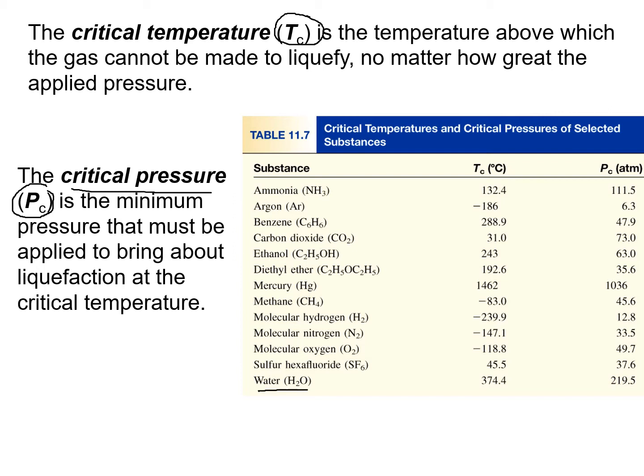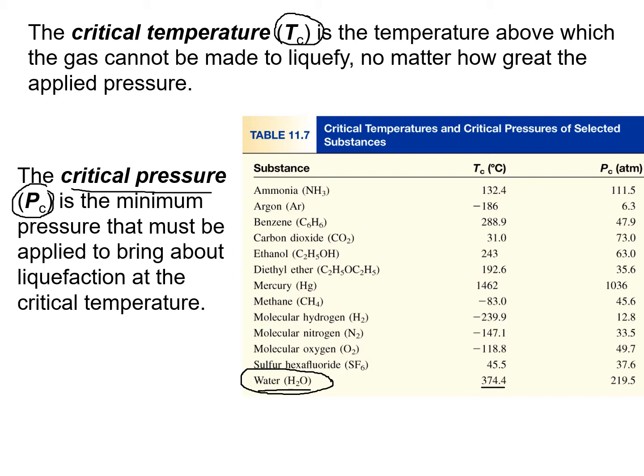So take a look here at water, again, our unusual molecule that compared to other molecules of similar size, it has much higher boiling point, melting point, and of course, with respect to IMFs, it has all three, the capability to hydrogen bond.